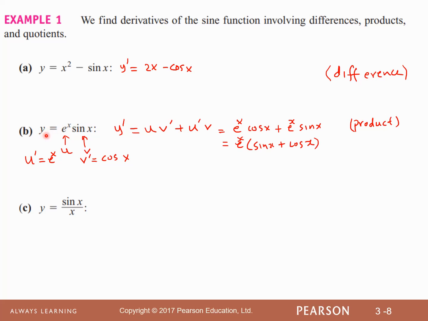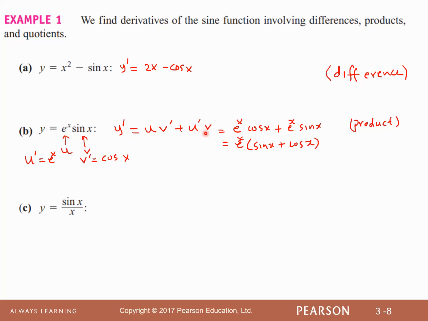B, y equal to e to the x sine x. We set u to be equal to e to the x and v to be equal to sine x. So u prime will be equal to e to the x and v prime will be equal to cosine x. And this is the product rule. So y prime, the derivative, is equal to u v prime plus u prime v.